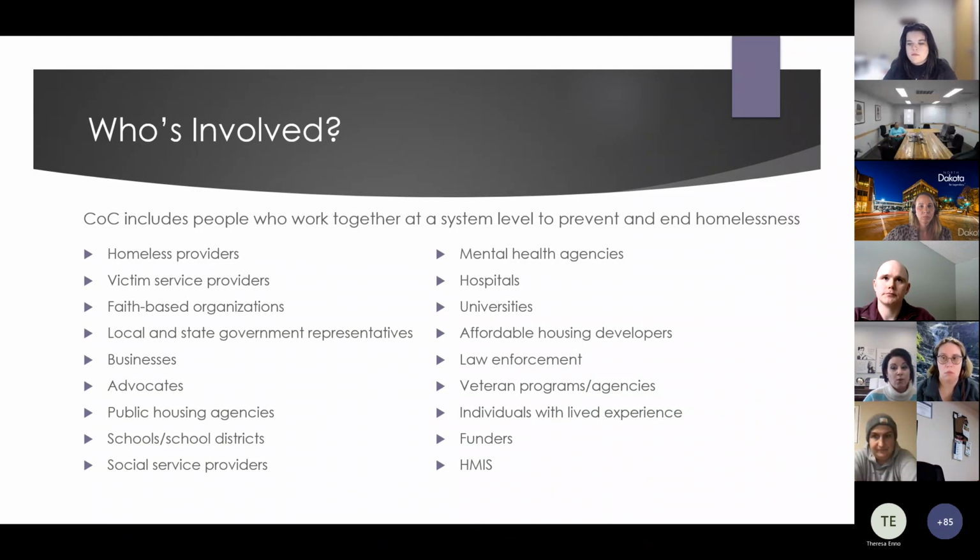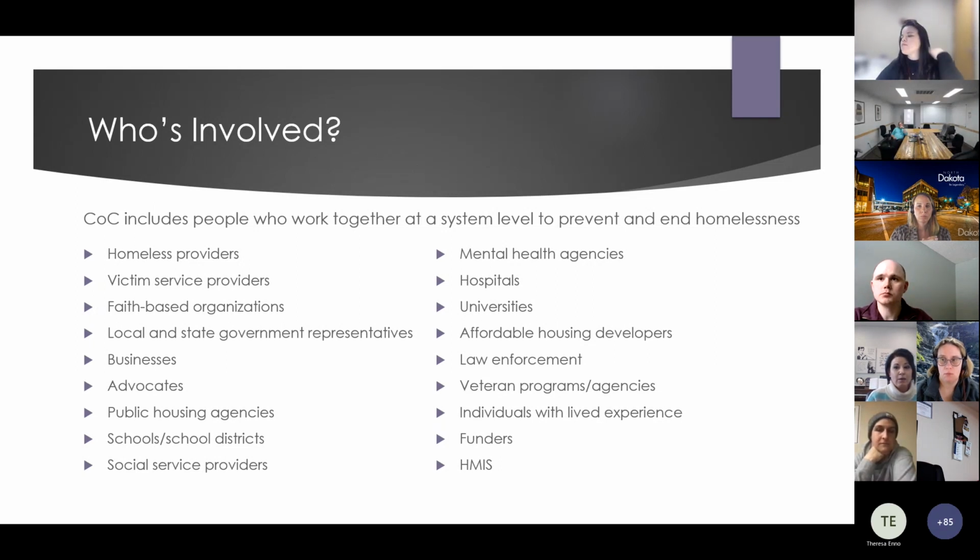It is important to note that homeless programs alone cannot prevent and end homelessness. It does take a broad collaborative group with numerous funding sources and strategic partnerships. So funders, policymakers, advocates, housing and service providers, and persons with lived experience all contribute to ending homelessness.